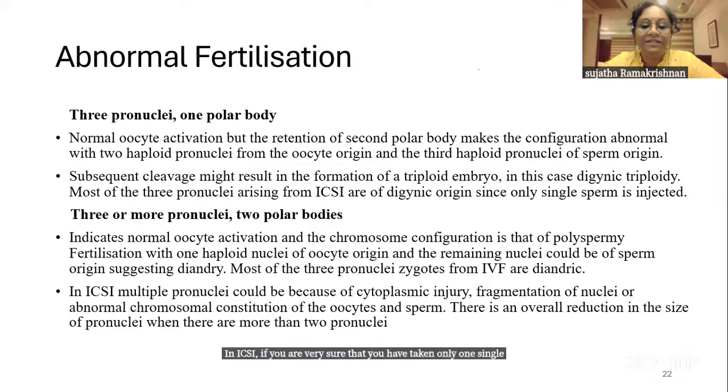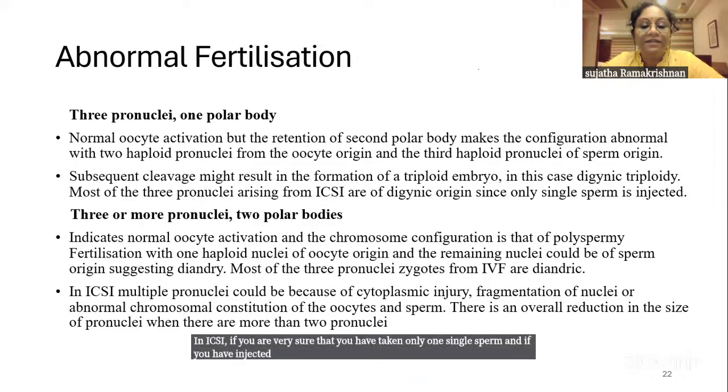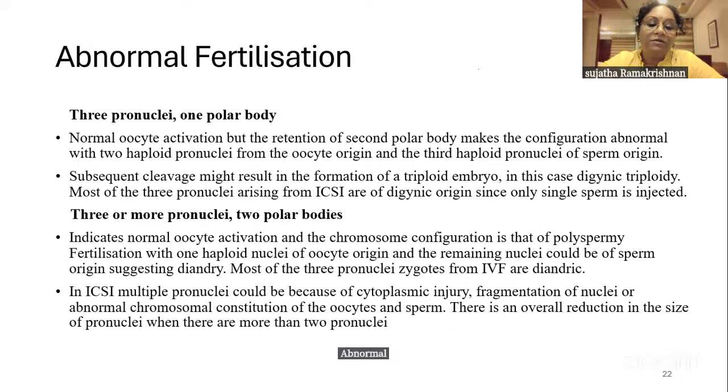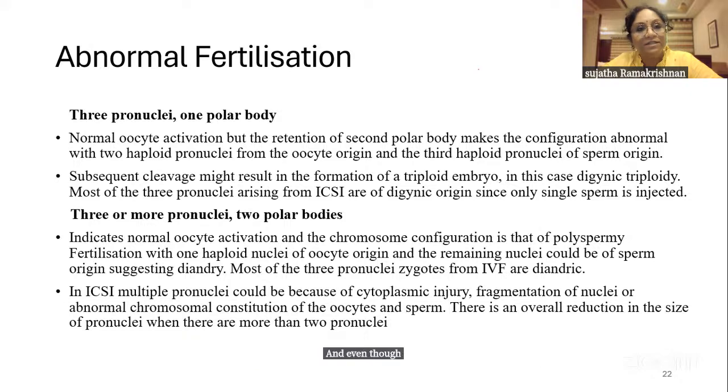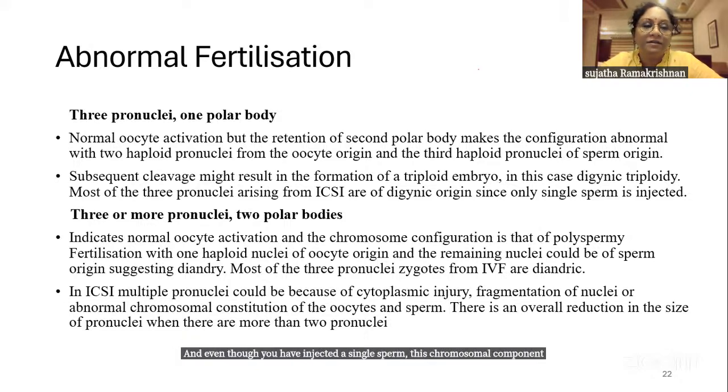if you have injected 1 single sperm, then 3PN actually could be because of cytoplasmic injury. It could be the fragmentation of nuclei or abnormal chromosomal constitution of the oocytes and sperm. Because sometimes the sperm could be diploid in nature, like it might have 2 sets of chromosomes, and even though you have injected a single sperm, this chromosomal component will actually be triploid in nature.